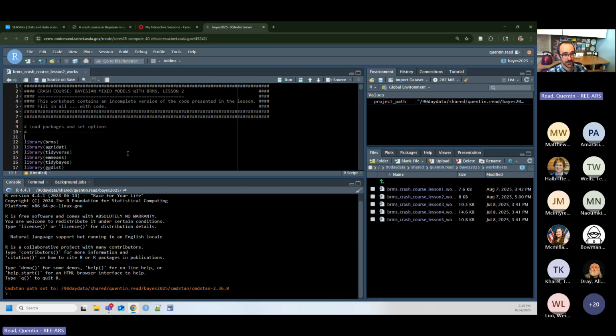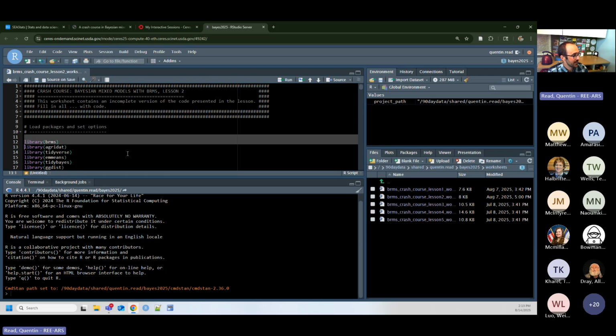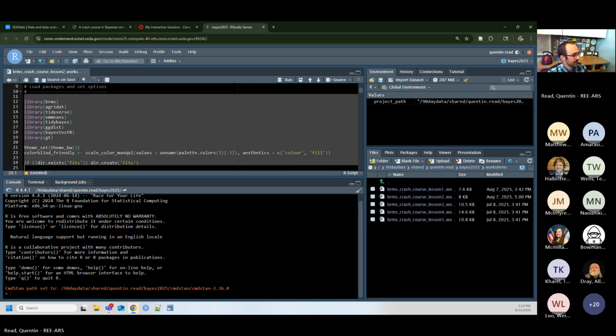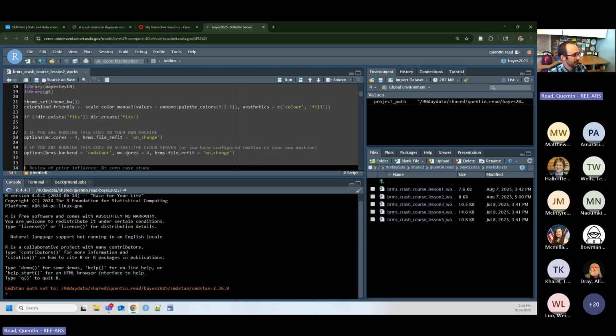Now scroll all the way back up to the top and go ahead and highlight all the code up to the options line at line 31. Everything up to line 31.